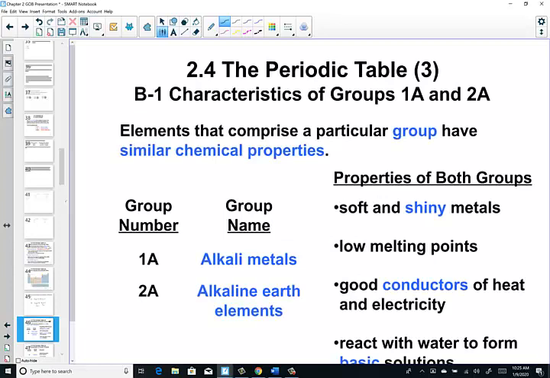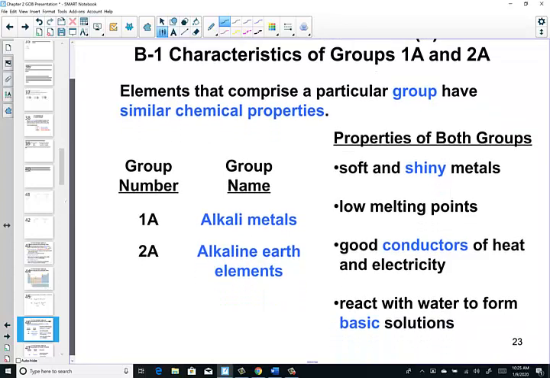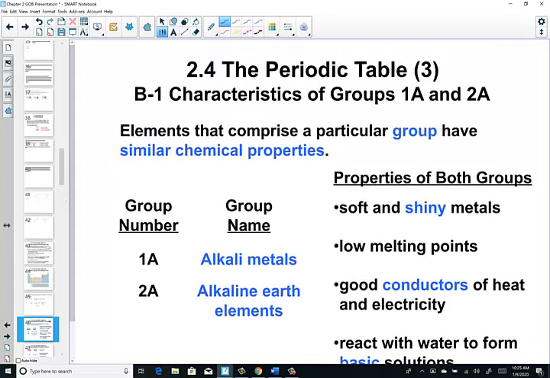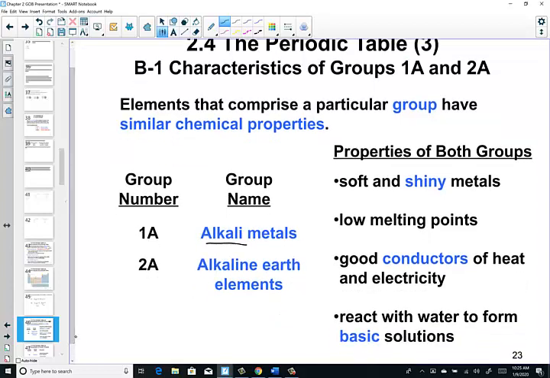Those characteristic qualities that describe metals and nonmetals and metalloids are broken down into similar properties based on the number of valence electrons, those electrons in the outermost energy level. For example, group 1A are known as the alkali metals. Group 2A has a special name for their family as well.